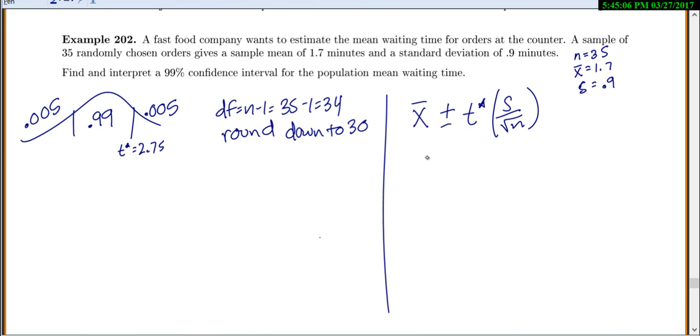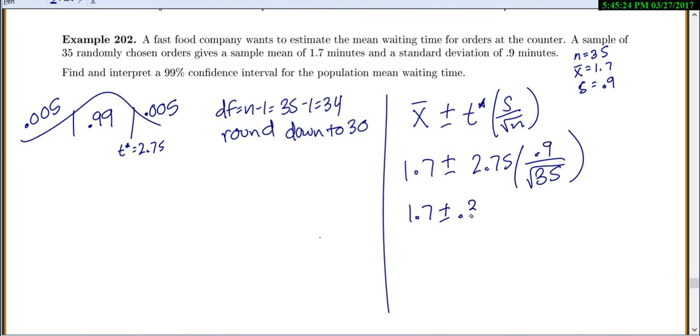So x bar is 1.7 plus or minus t star, which is 2.75, times s, which is 0.9, over the square root of n, which is 35. So put this in your calculator. 1.7 plus or minus 0.39 gives me 1.31 to 2.09.